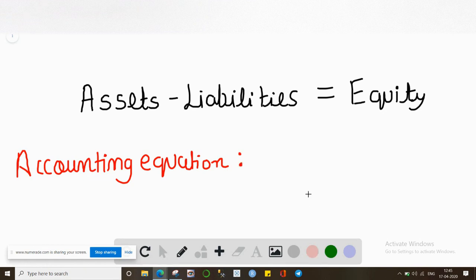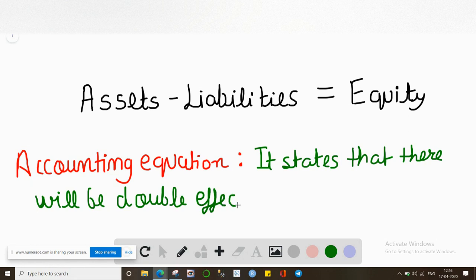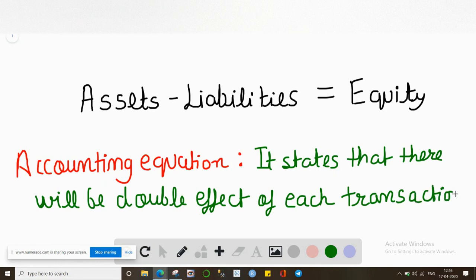It states that there will be a double effect of each transaction on the equation.